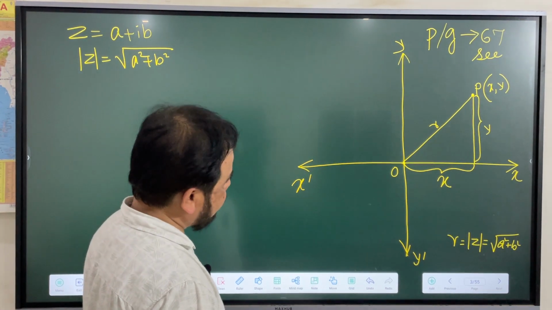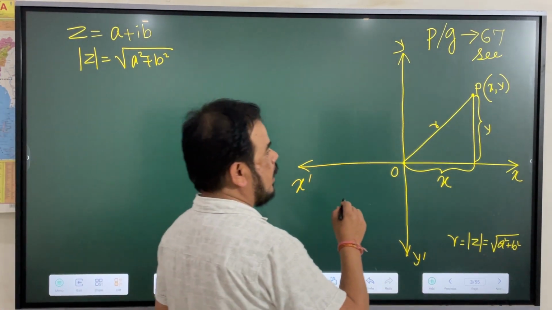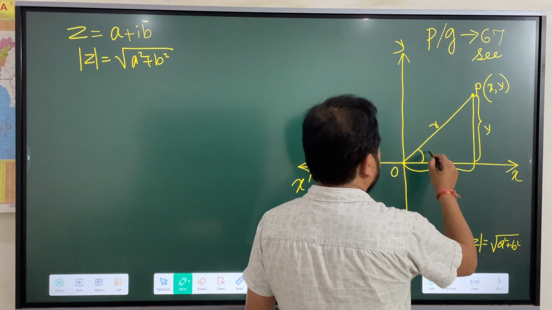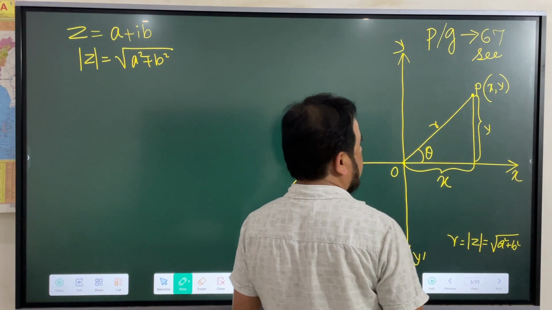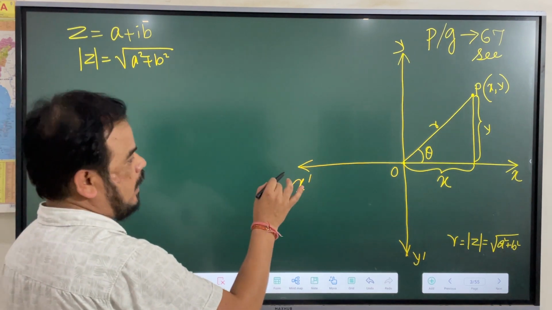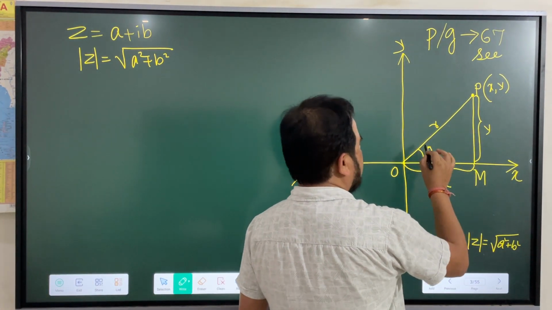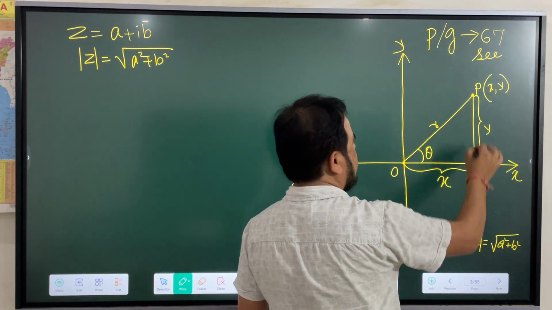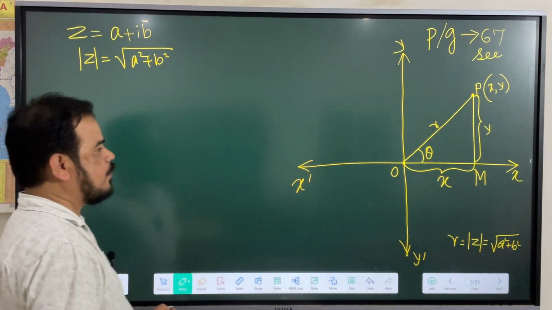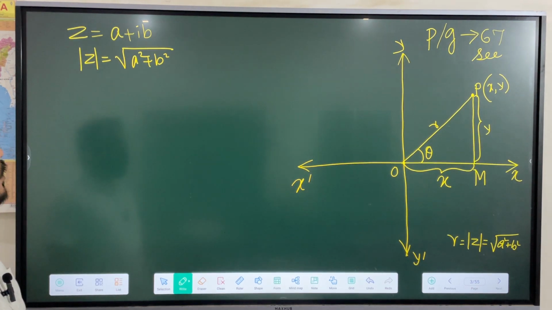Now as we have learned, this is the angle theta. Let us write this as P and M. With respect to this angle theta, this is base, this is perpendicular. Perpendicular and base is clear to all of you.